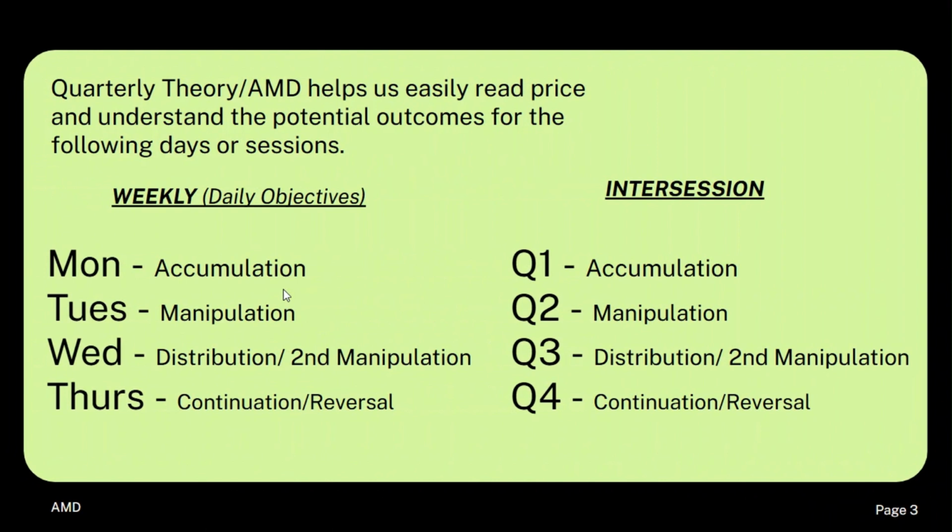Accumulation in Q1, manipulation in Q2, then our distribution, or second manipulation in Q3, and then continuation or reversal in Q4. I wanted to put these up side by side so you guys can really see that they're the exact same. We're looking for the exact same movement. So let's go ahead and get into the next slide.